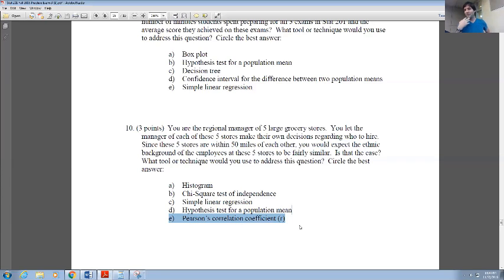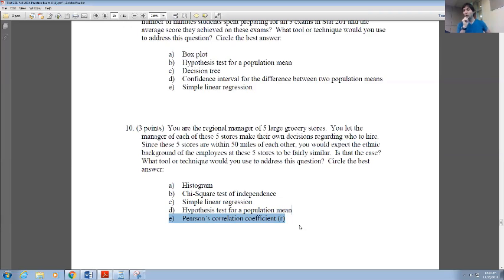Correlation, scatter plots, and regression are all related because you make a scatter plot to look at the linear regression, and the scatter plots also look at correlation.